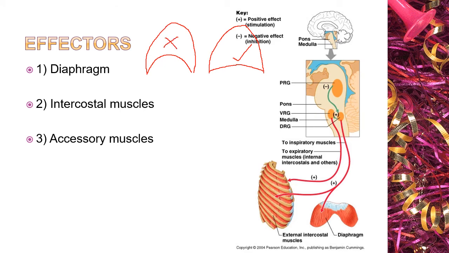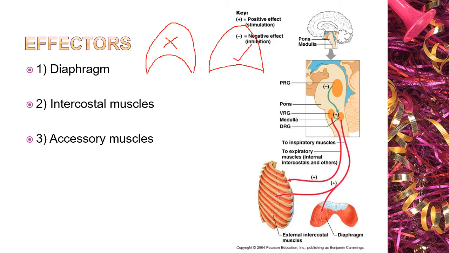And then we're going to look at the intercostal muscles. If you remember, the external intercostal muscles are involved in the inspiratory process. Usually we mention that the diaphragm and external intercostal muscles are the main effectors, but some books also include internal intercostal muscles.